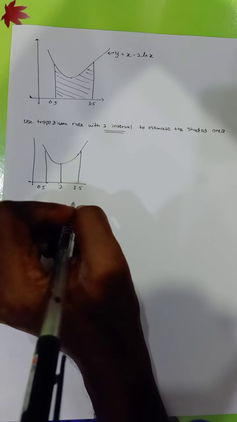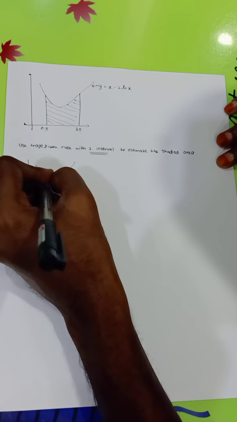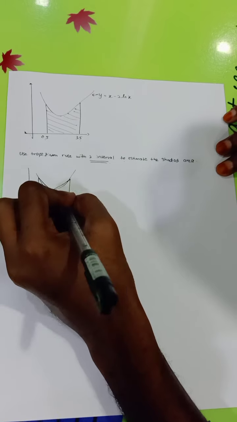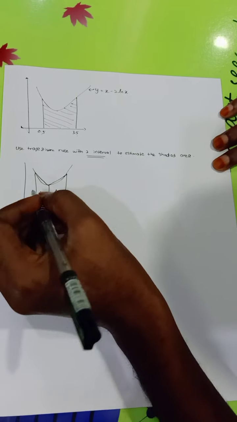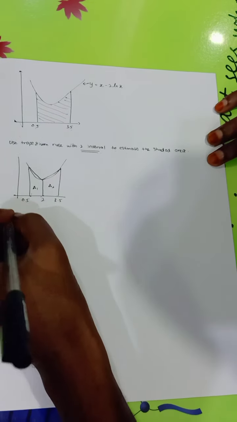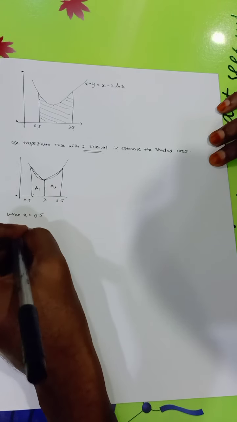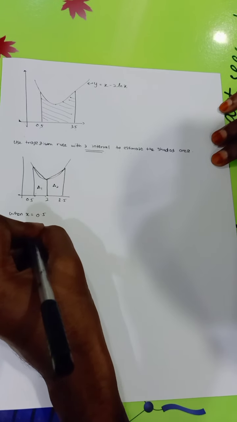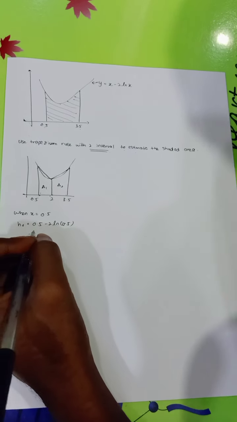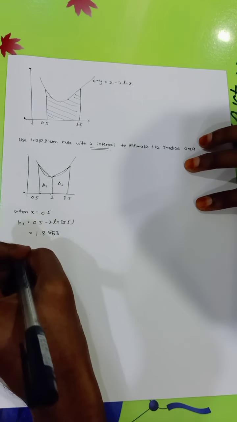So this is the first interval, and I draw the trapeziums: this is my area 1 and my area 2. First I need to find the heights. When x equals 0.5, my h0 is 0.5 minus 2 ln 0.5, which is 1.8863.